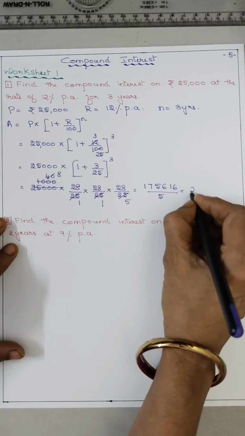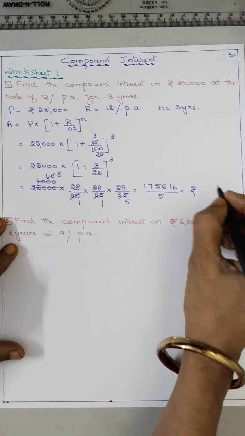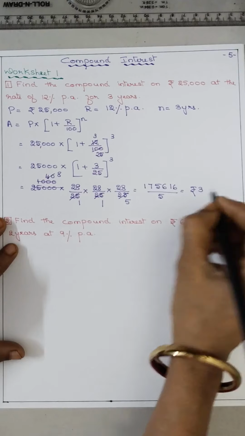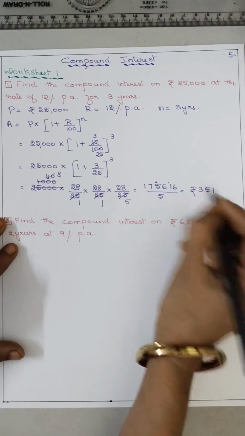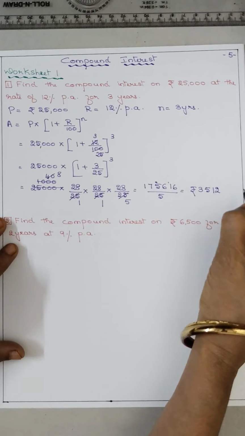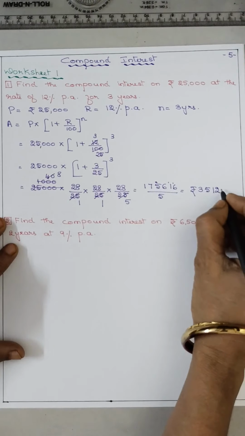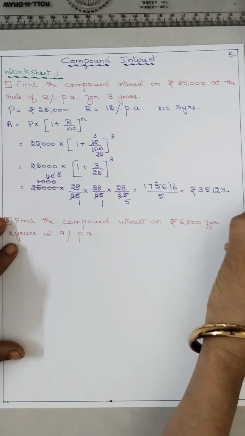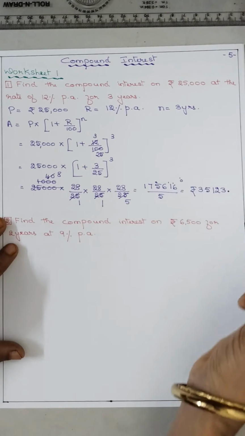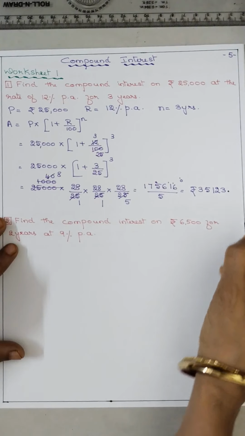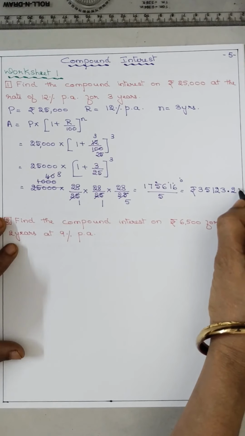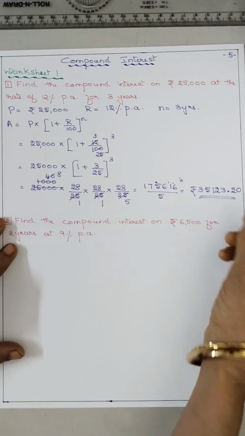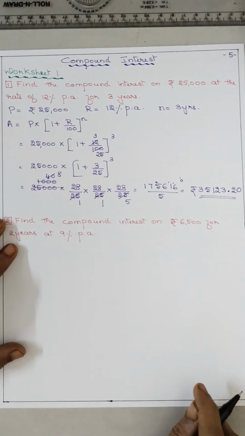So you get amount is equal to rupees. 5 3s are 15, 2 remains. 5 5s are 25, 5 1s are 5, 1 remains. 2s are 10, 1 remains. 3s are 15, put the decimal place, 1 remains. So take an extra 0, 5 2s are 10. What do you have to do? You have to put an extra 0, because it is 20 paise.